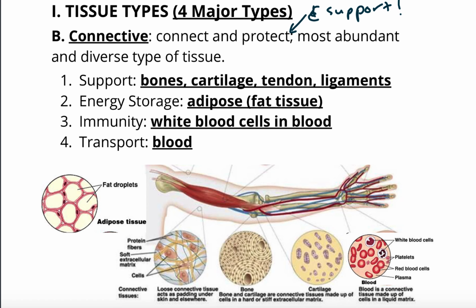Ultimately, they're still all classified as connective tissue because they actually all share an origin type of cell, meaning the stem cells, the mother cell that helps form it, are all the same. Okay, so they all have a common relative cell. They're more related to each other and how they're formed than any other type.